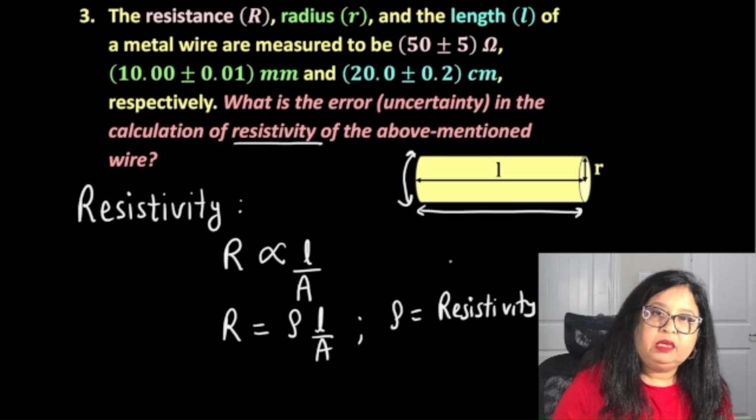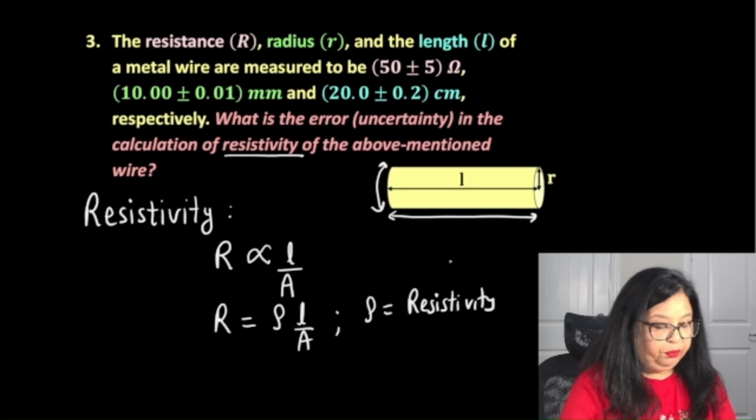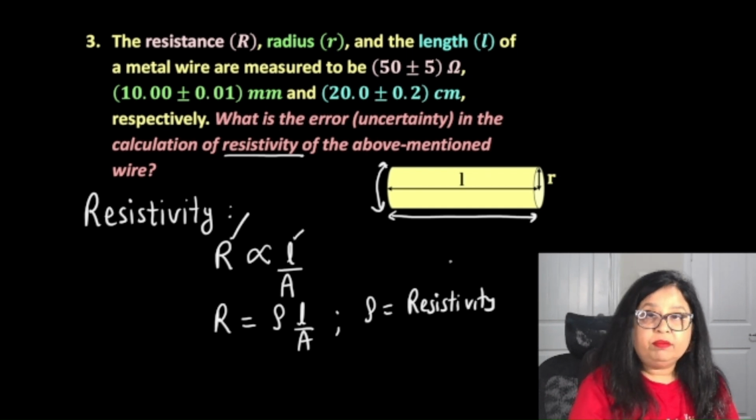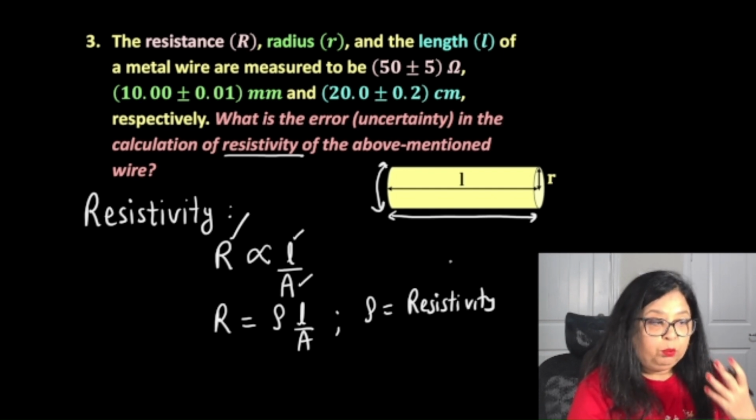Now resistivity is an interesting parameter. The resistance of a wire changes in accordance with the length of the wire and the cross-sectional area. The longer the wire, the more is the resistance. The more the cross-sectional area of the wire, the lower is the resistance.